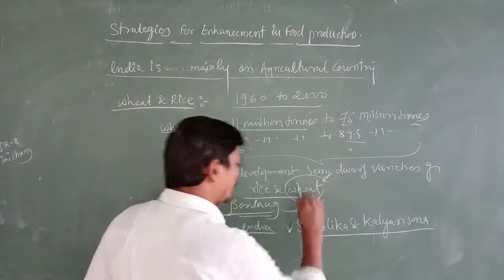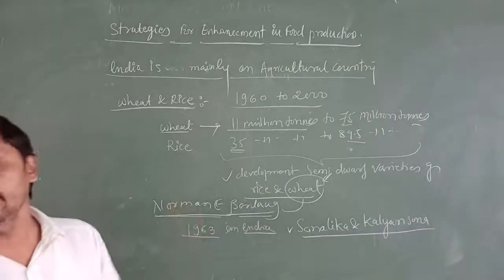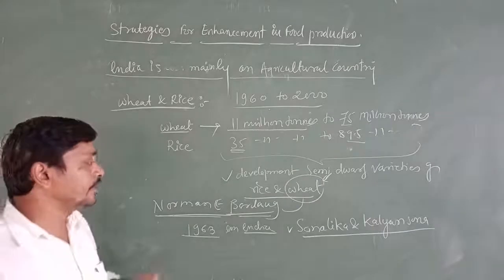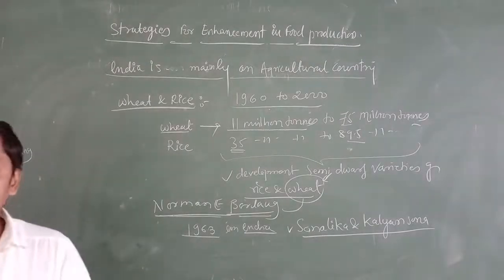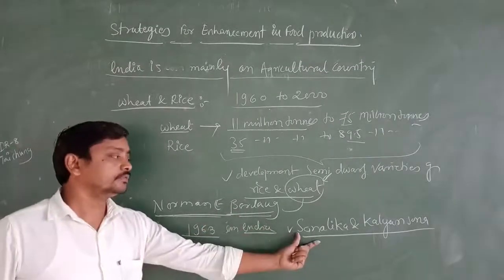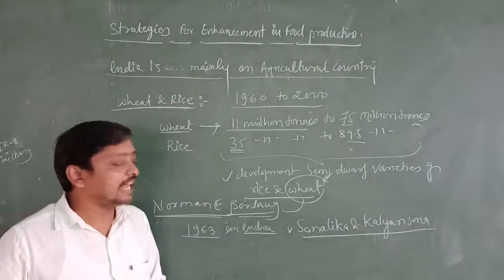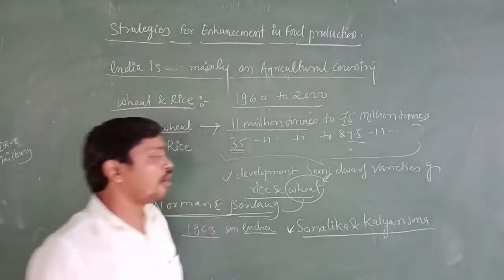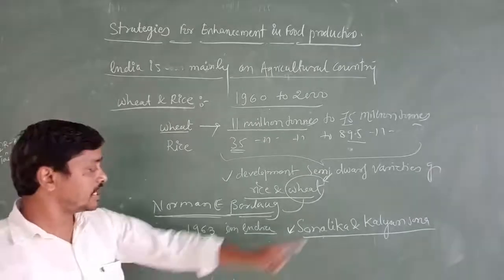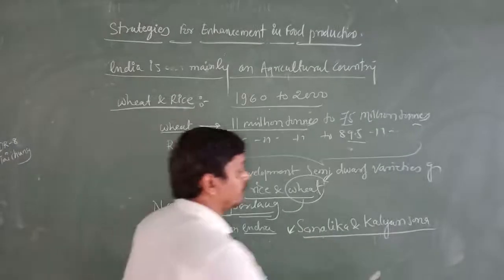These two varieties were developed and distributed throughout the wheat growing belt in India. They have high yielding capacity and much disease resistance. These are the varieties of wheat developed in India in 1963.